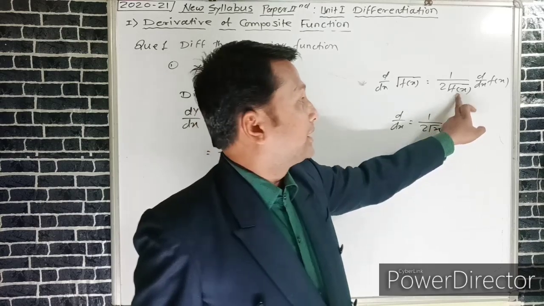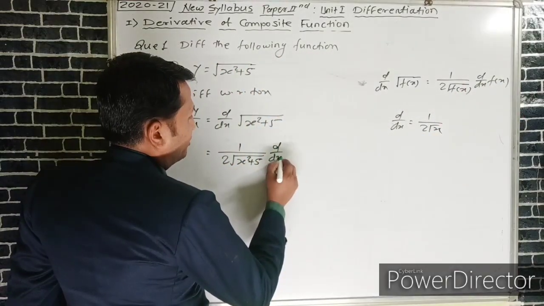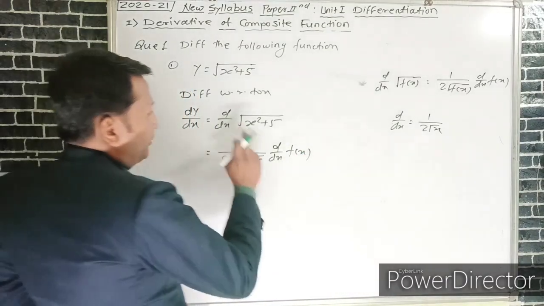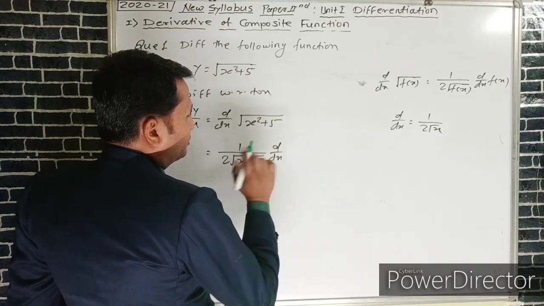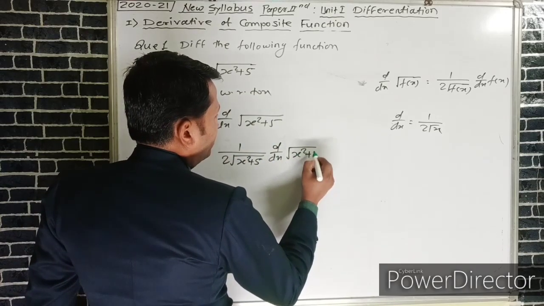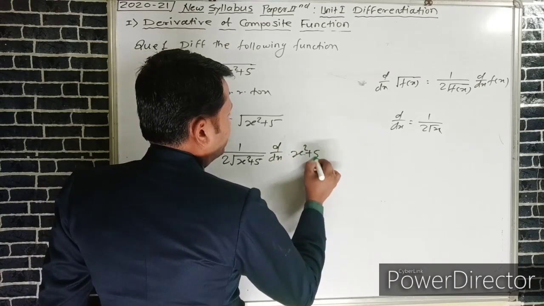And we take again the derivative of f(x). Here f(x) is under root of x square plus 5, then we can write the derivative of x square plus 5.